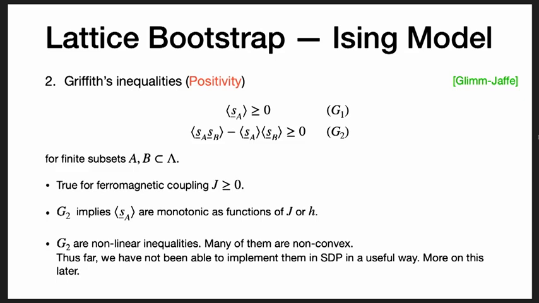So the first one, A has to be even, or what happens with S goes to minus S? Right. So that's a good point. That's the whole point, right? In the symmetry breaking phase, they can be non-zero. That's the non-trivial part. But they still have to be positive. Yeah, they have to be non-negative, but they can be non-zero, right?